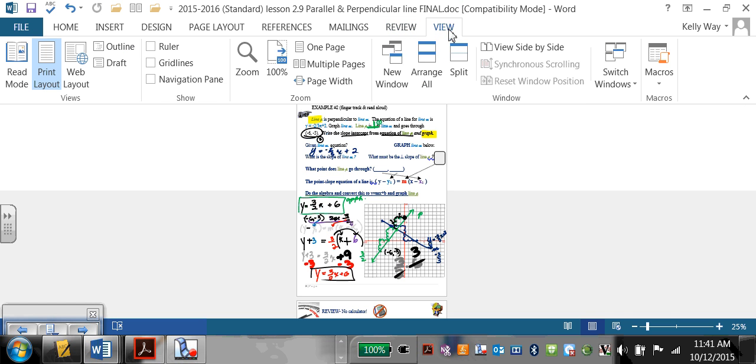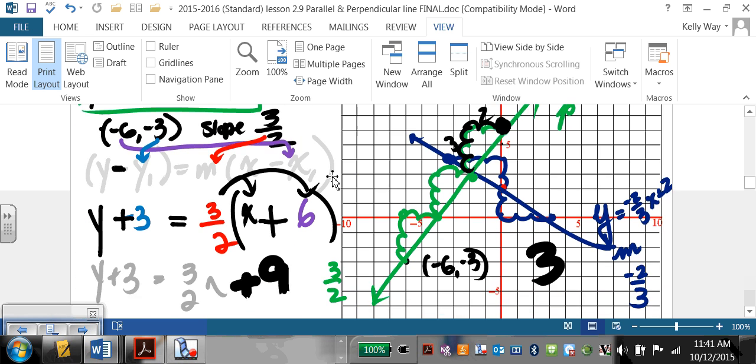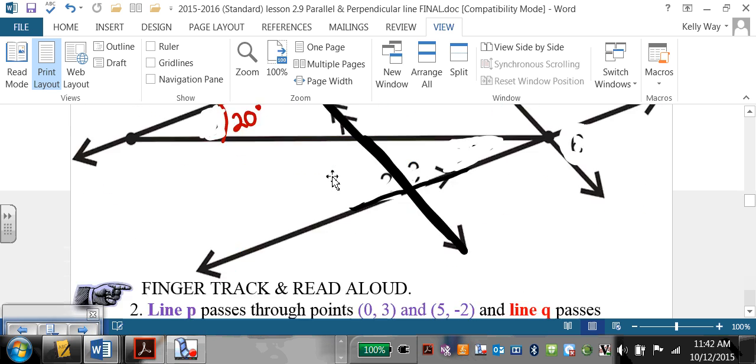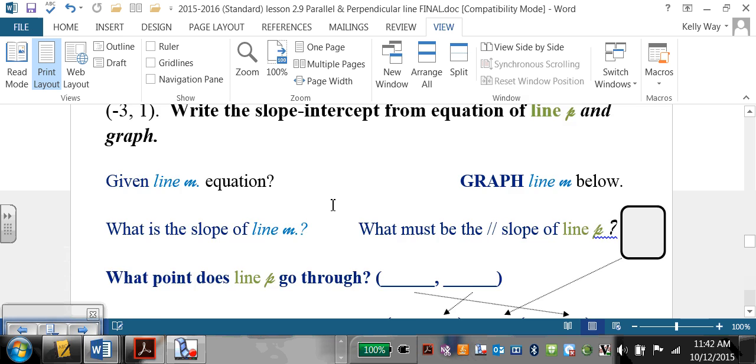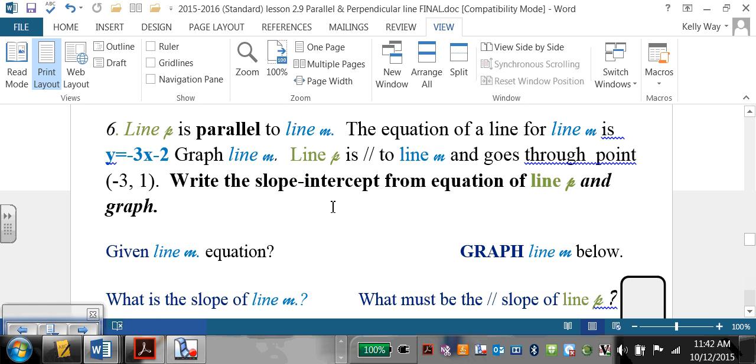Which one, sir? Okay, you want to do one more with me? Come on down. We'll do problem number 6 together. Roll forward so I know who you are, so I know who I'm talking to. I don't want to shout at the whole class.